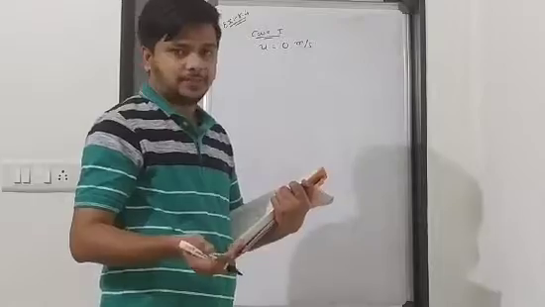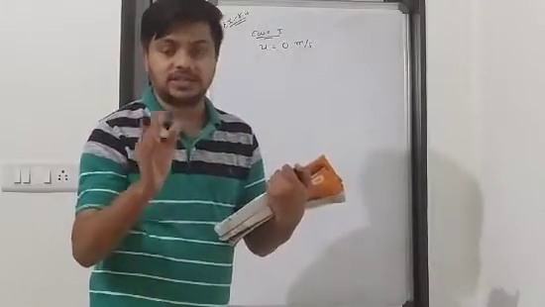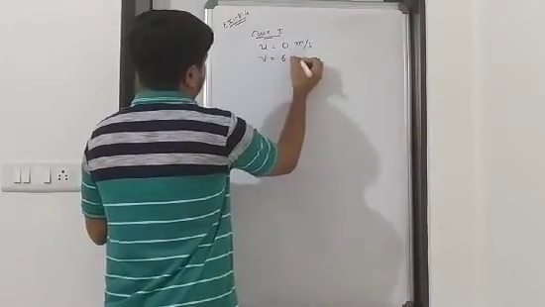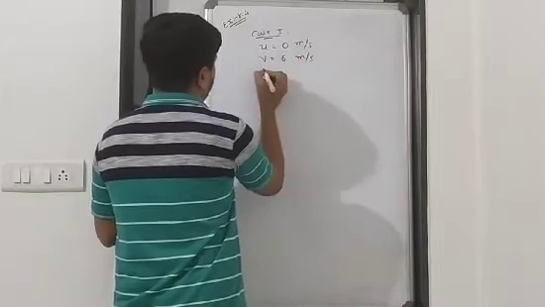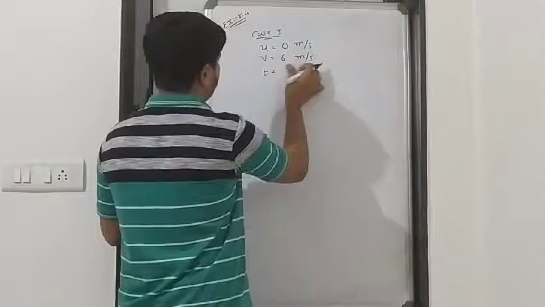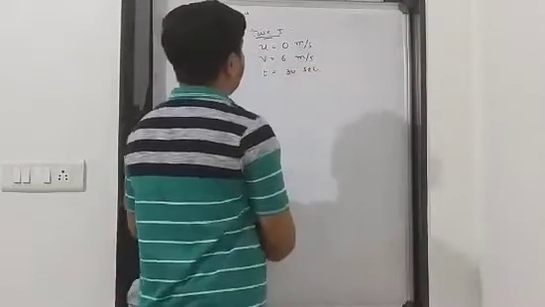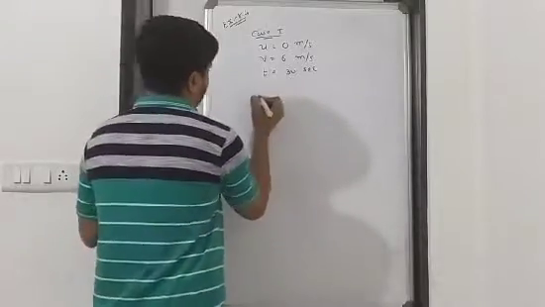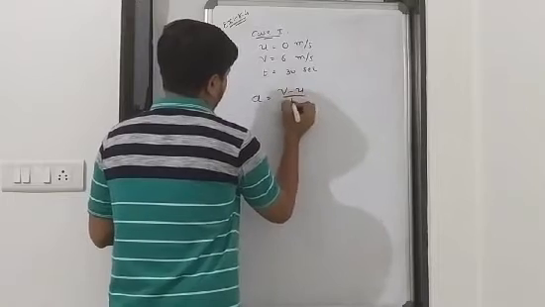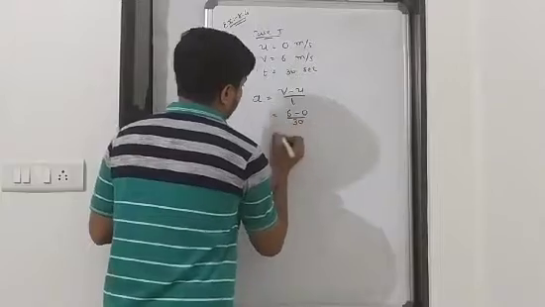After that, the bicycle attains a velocity of 6 meters per second, which is the final velocity. The time taken for it is 30 seconds. So in the first case, you have to find the acceleration. a is equal to v minus u divided by t, where v is 6, u is 0, and t is 30.